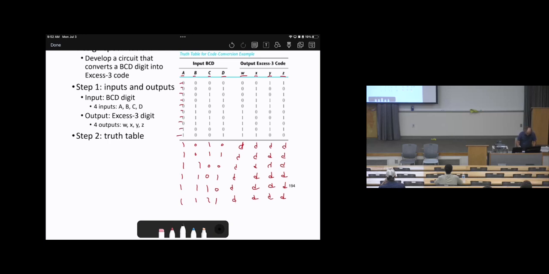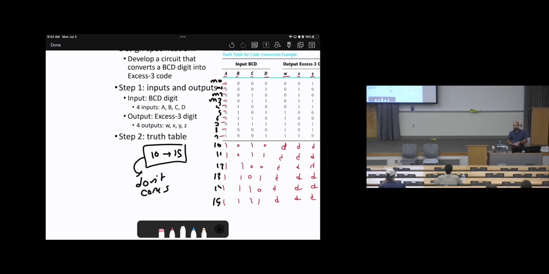In general, if we write them as minterms, here is M0, M1, M2, M3, up to 15. We realize that from number 10 up to 15, they are all don't cares for all of these 4 outputs.